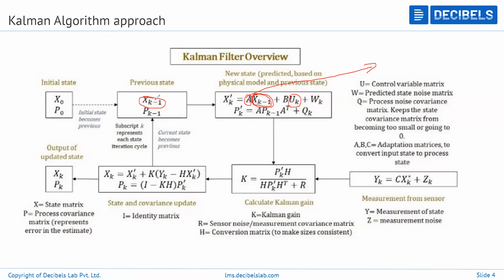In order to update to the present time step, we multiply by the A matrix. The same applies with respect to B. Once you add both of them, you will get the predicted state of the present time step.